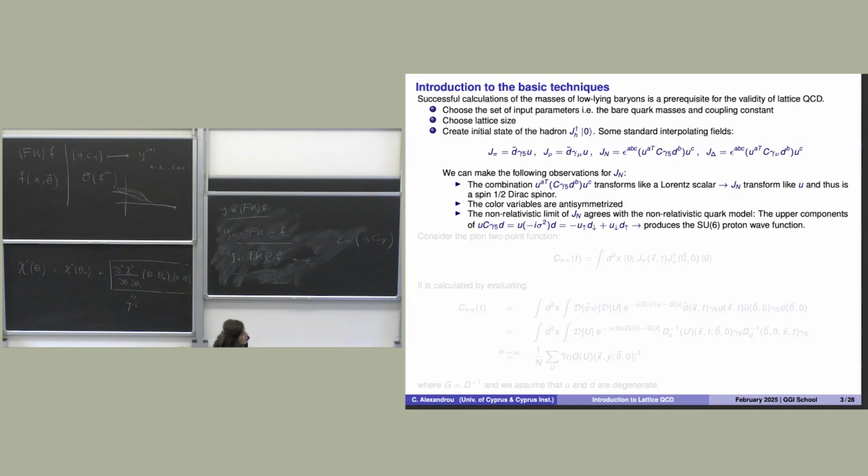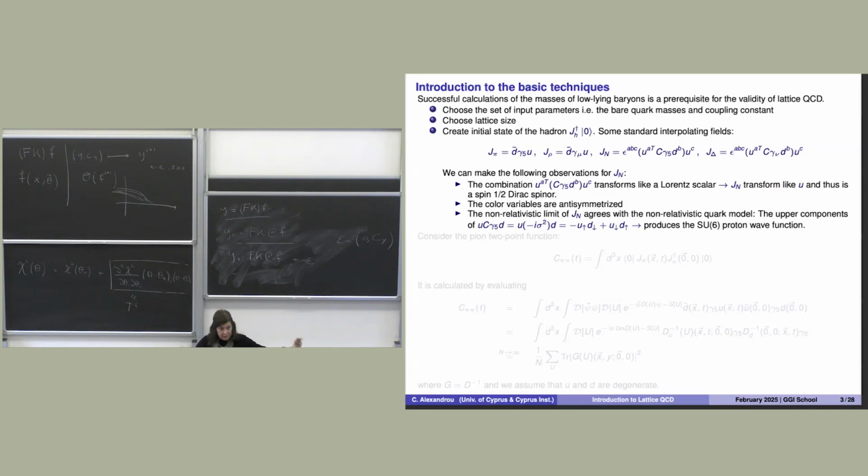It's a spinor because this combination here is a scalar. Or we can do the delta, where we replace gamma 5 by gamma nu, etc. So I act with these interpolating fields on the vacuum. I create at some initial time, then I evolve in time, and I annihilate at a different time with the same operator.